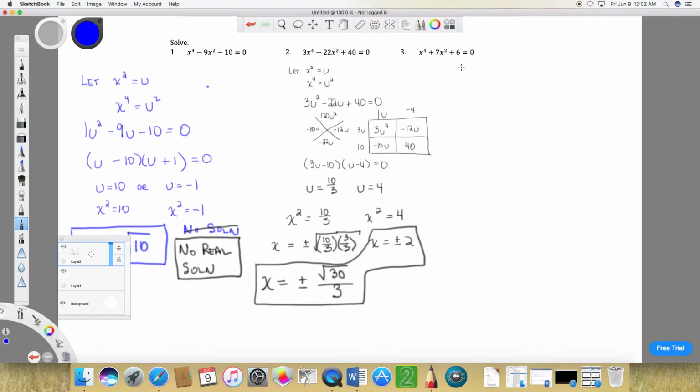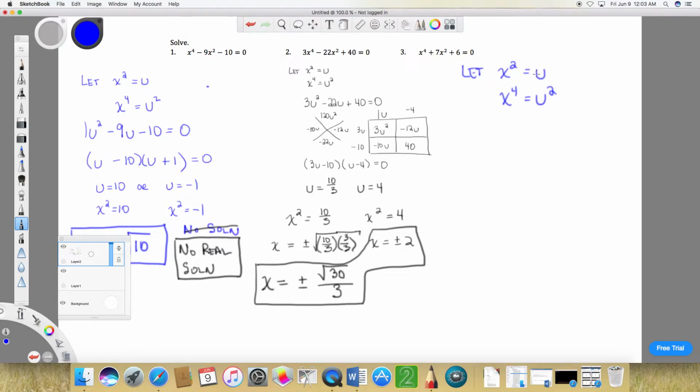So again, I'm going to do what they refer to as a u substitution because I see this as quadratic in form. The exponent on the middle term is half of the exponent on the first term. So I'm going to let this middle term, x squared, be replaced with u. And when I square both sides of this equation, I get x to the fourth is u squared.